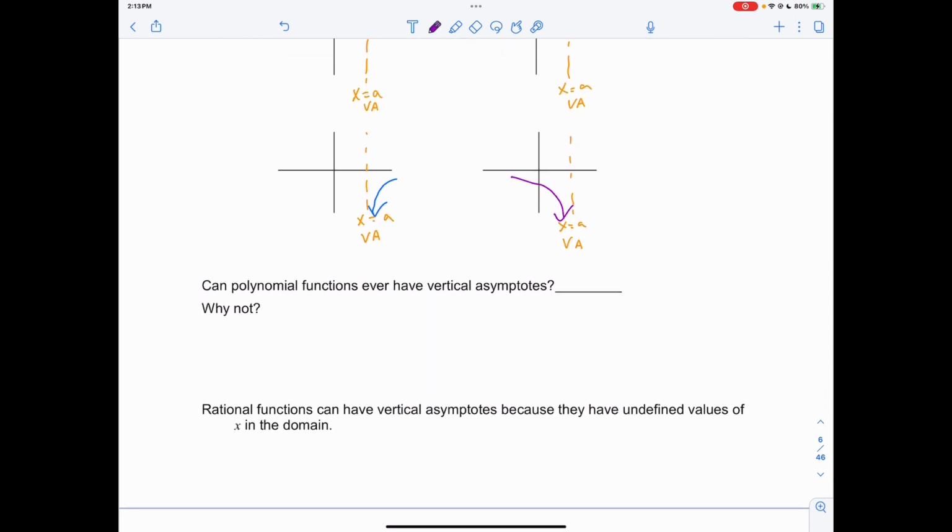Can polynomial functions ever have a vertical asymptote? No. Because polynomial functions are continuous for all values of x.